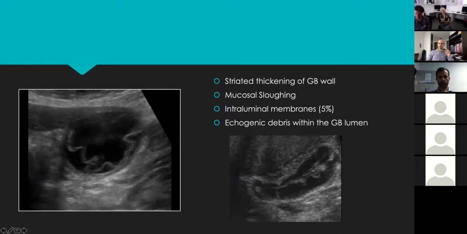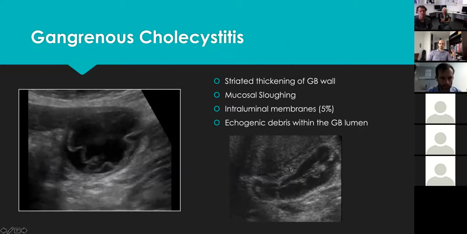So you can see here a gallbladder with a thickened gallbladder wall, sloughing of the gallbladder mucosa, and some membranes inside the lumen and here as well. So that can be the features of gangrenous cholecystitis.